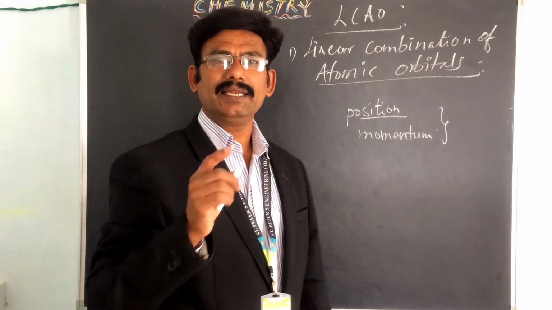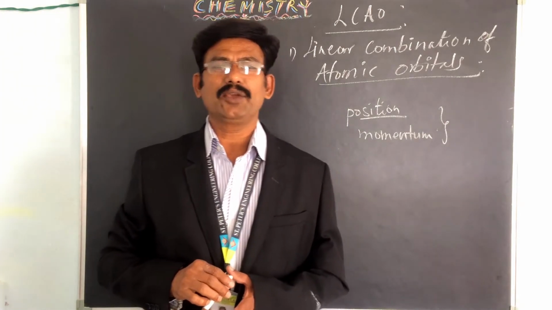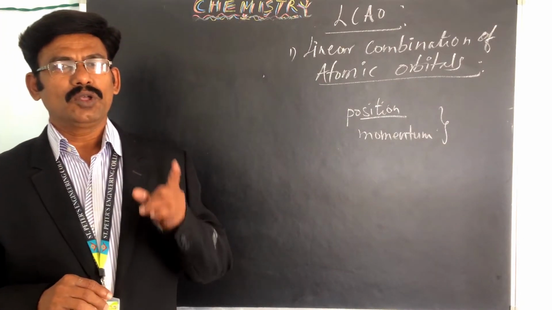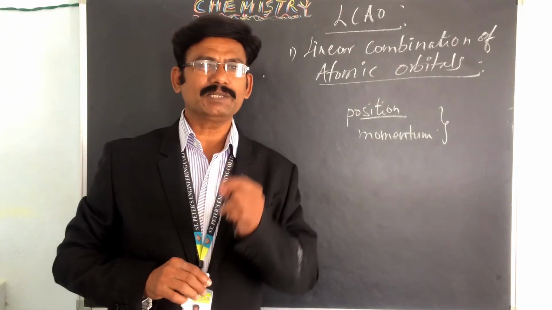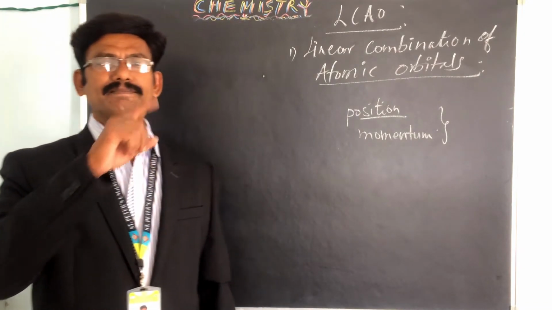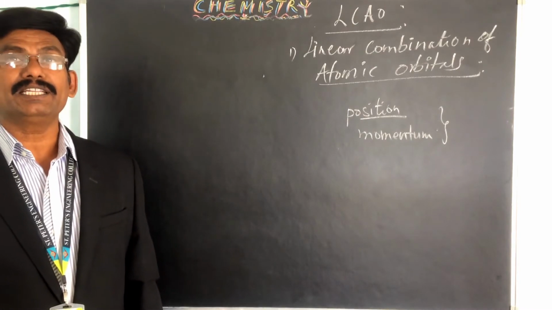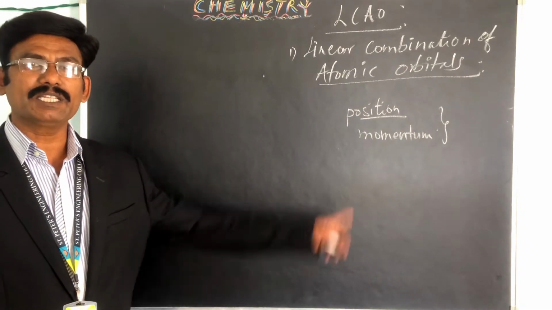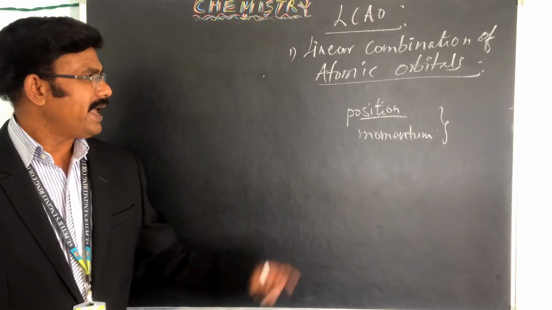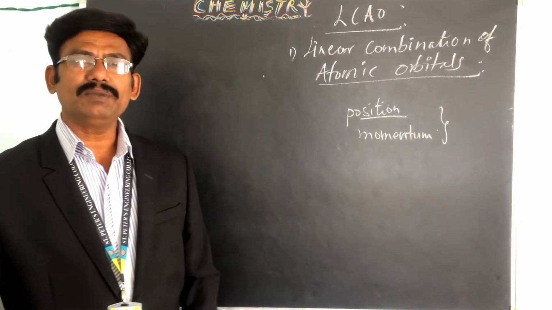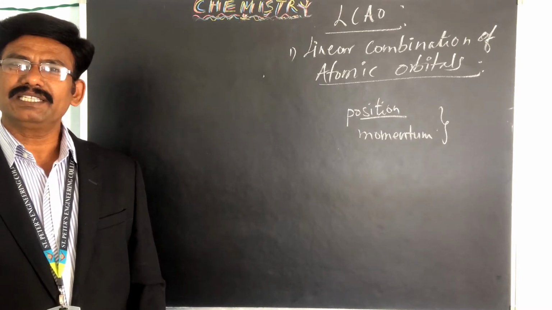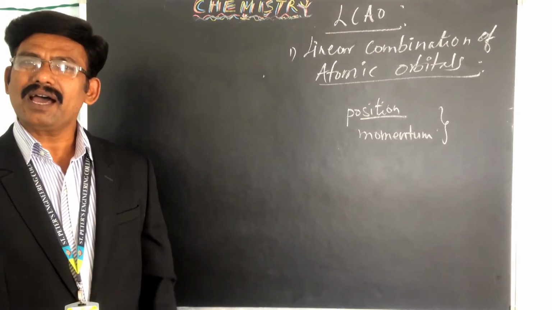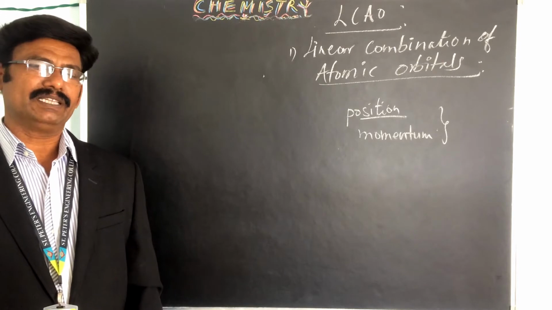This is whose principle, you know? Heisenberg uncertainty principle. Exactly, position and momentum cannot be determined. This is the principle.